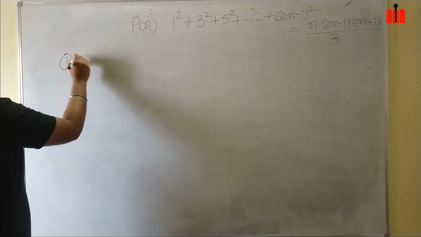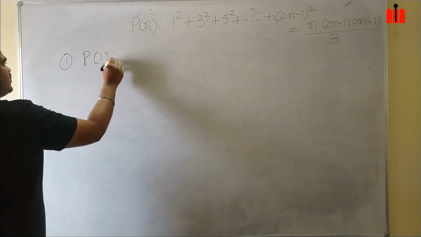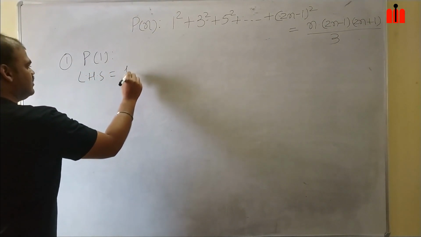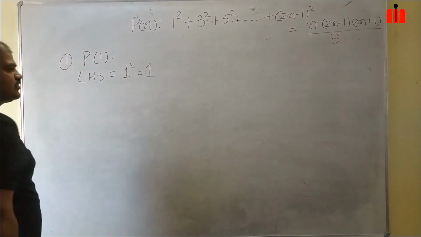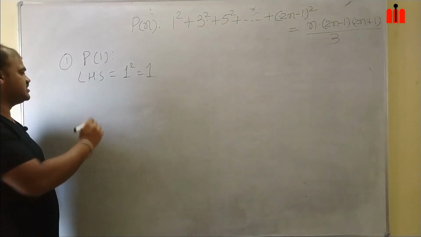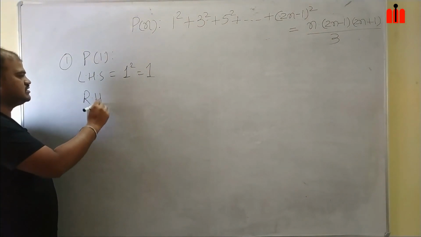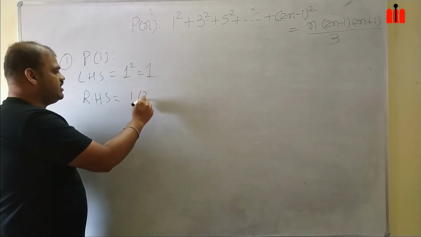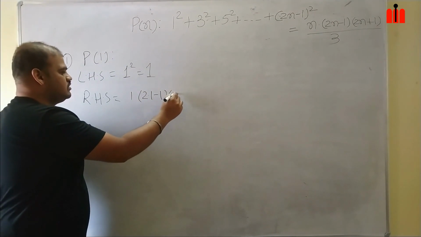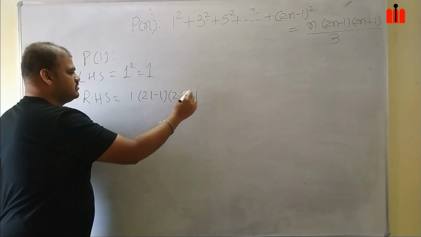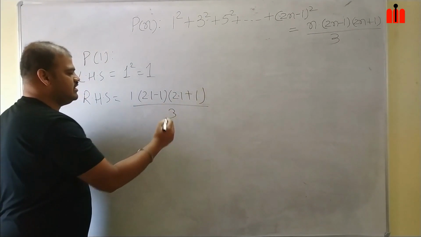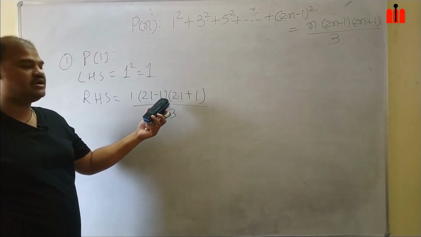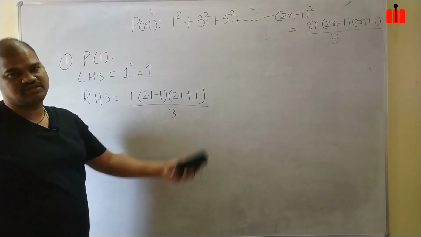My first step is to check P1. For P1, my LHS will be 1 square, which is equal to 1. What will be my RHS? I have to substitute 1 in place of n, so it will be (2 into 1 minus 1) into (2 into 1 plus 1), this whole divided by 3.